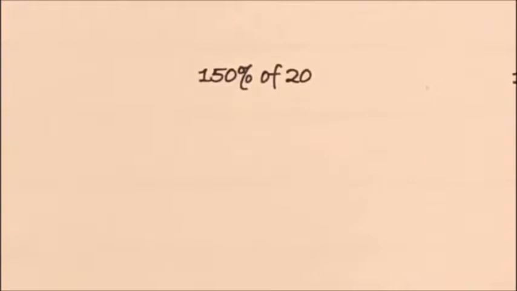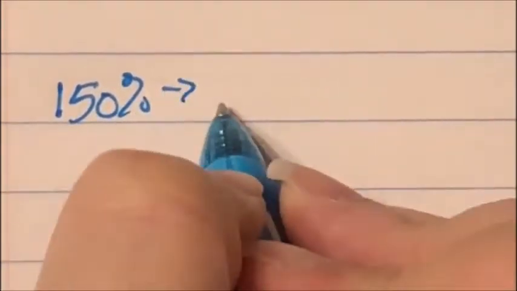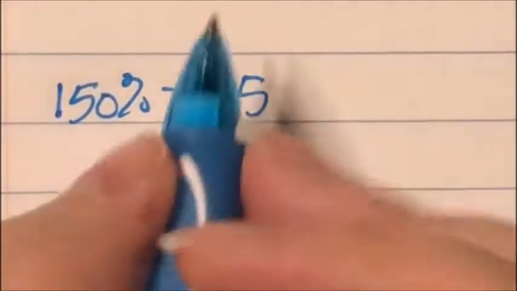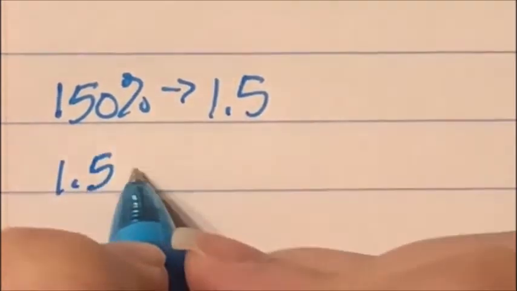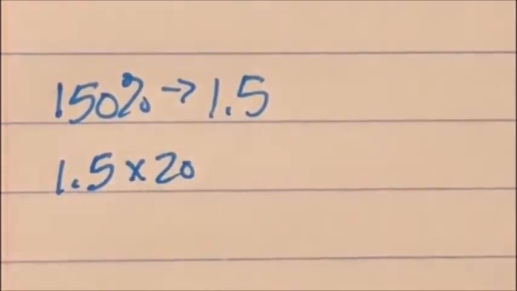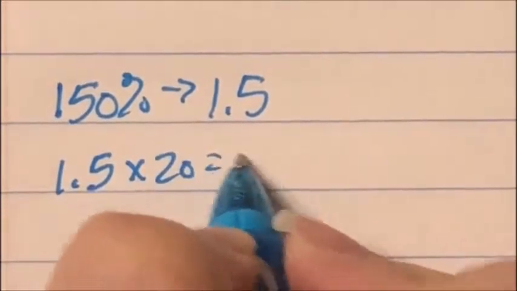Next, 150% of 20. That changes to 1.5. 1.5 times 20 gives me 30.